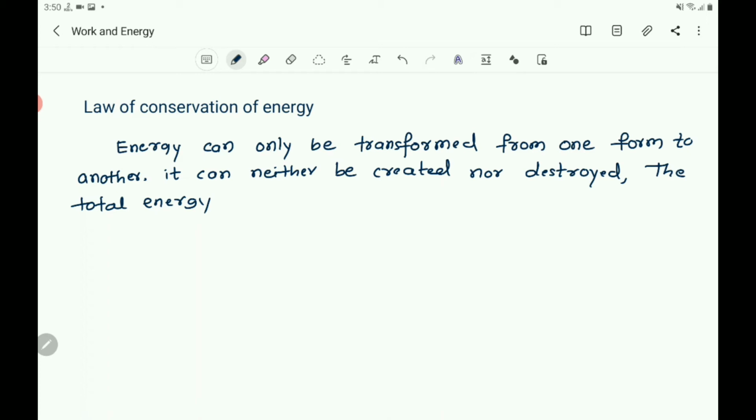before and after the transformation always remains constant.